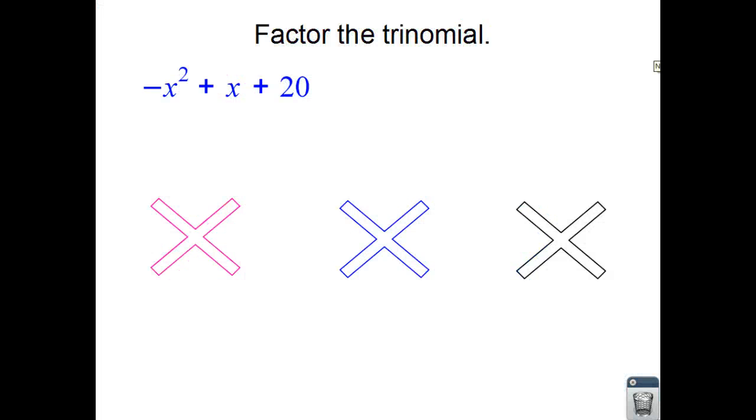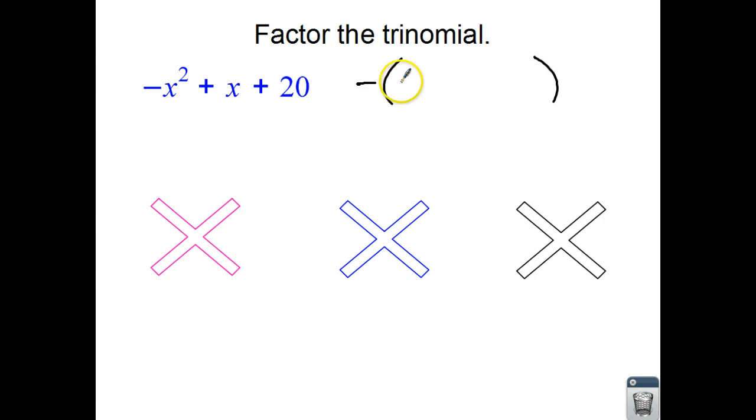All right, the last problem, I wanted to kind of revert back to our last lesson. We talked just a little bit about making the a term positive. We don't want to be factoring these trinomials that have a negative a. So we're going to take that negative sign out. And then when we recreate our trinomial, all the signs are going to change on the inside.